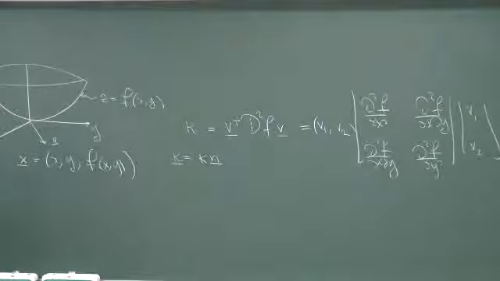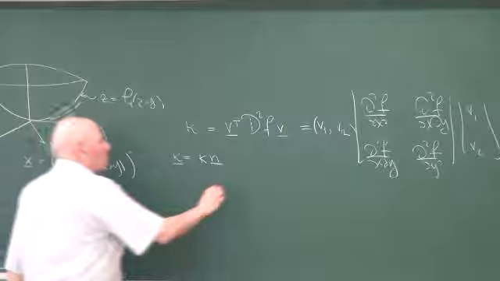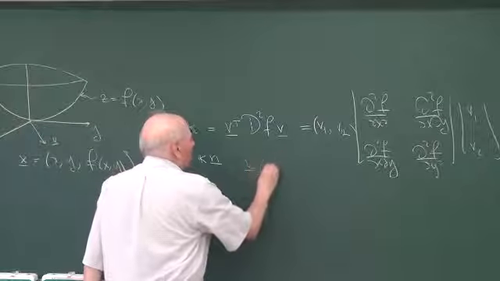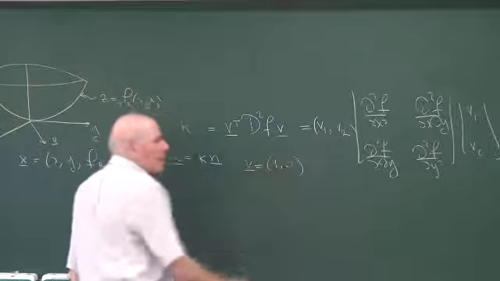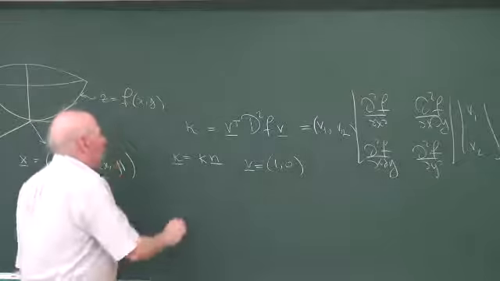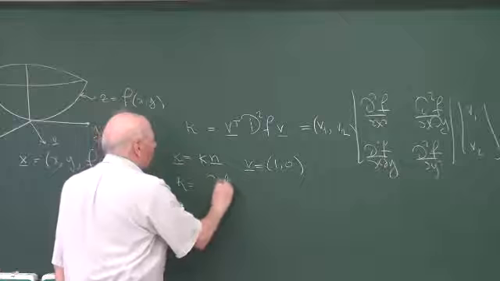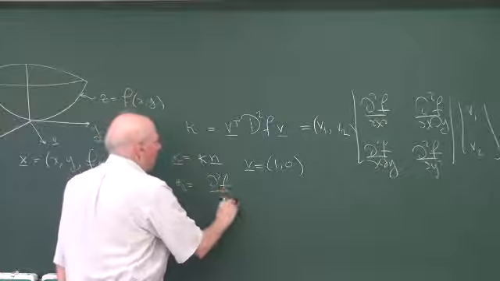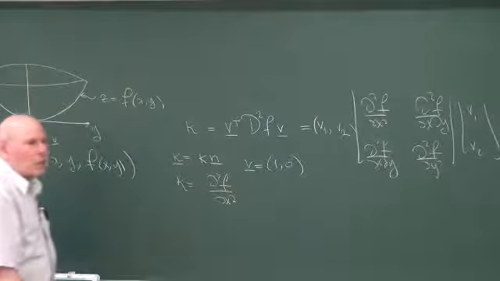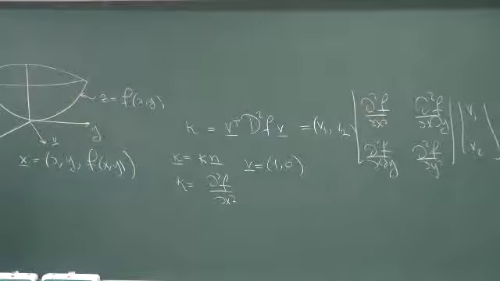So a few remarks. First of all, if we're just working in the special case where v is in the direction 1, 0, then of course we get kappa equal to the second derivative of f with respect to x, which is exactly the same result that you had from first year calculus.